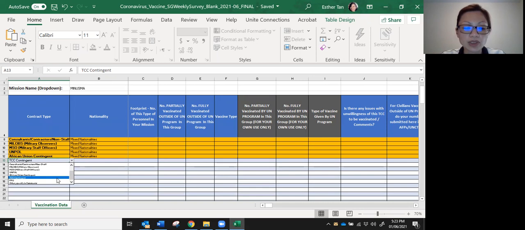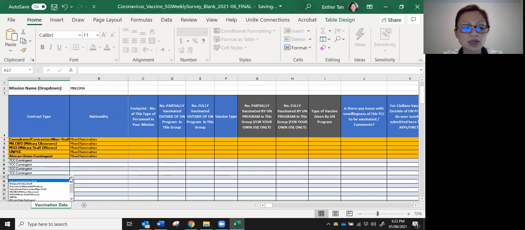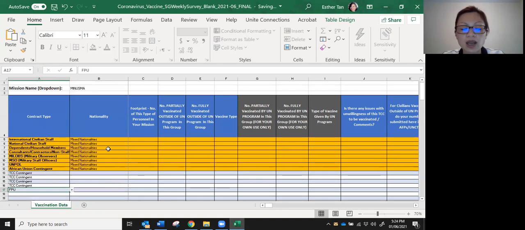So for example, you can just pick here TCC contingent, maybe you need more rows for contingent, and then maybe you're going to have FPU. So basically, these colors here will be mainly for your TCC contingent and FPU, but they're all drop down. You can just pick it.